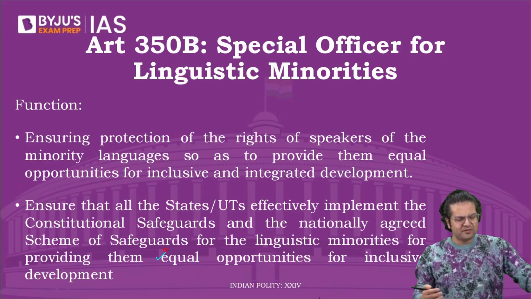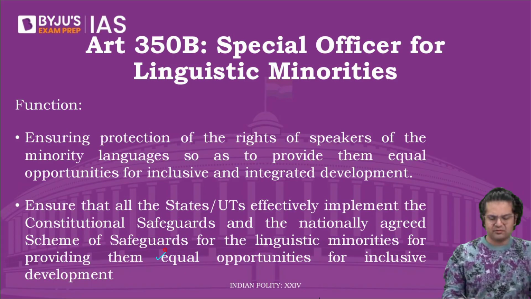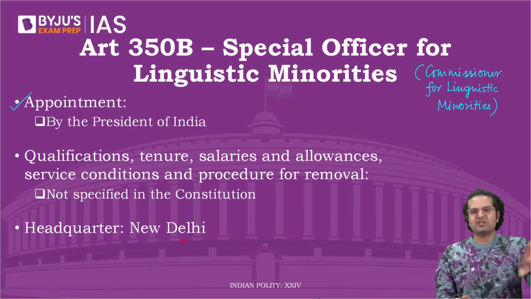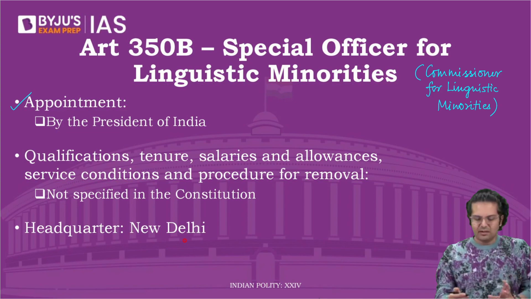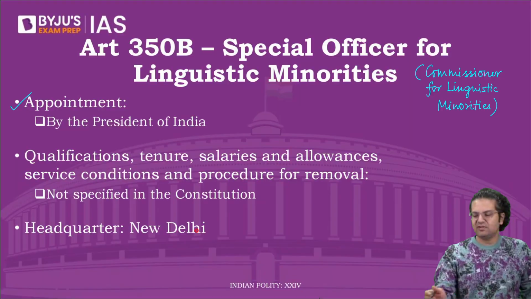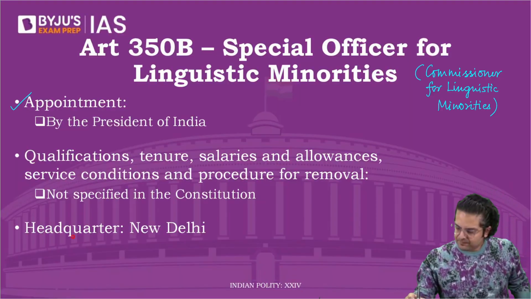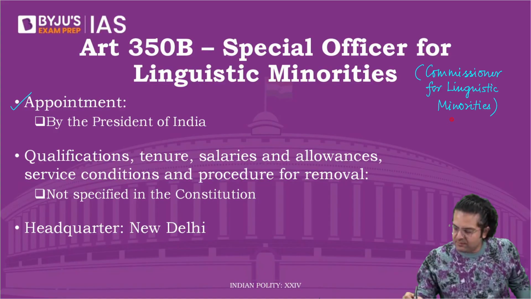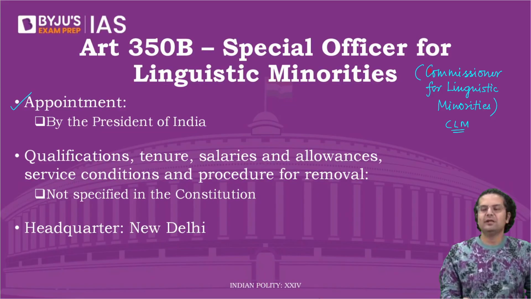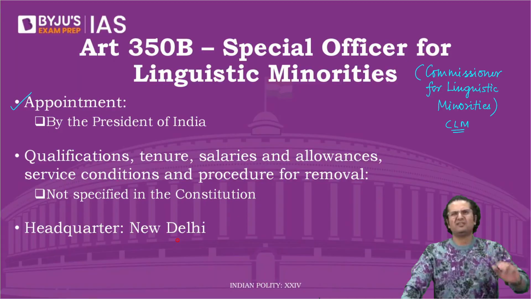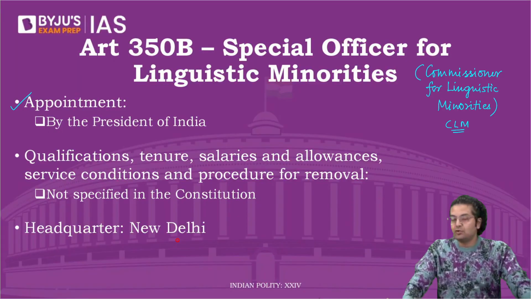Who appoints this person? The president appoints the person. Qualification, salary, tenure, nothing is mentioned in the Constitution, right? It's all decided by the government. And the headquarter of the CLM, that is the Commissioner for Linguistic Minorities, is in New Delhi. It used to be in Allahabad earlier. It was shifted around 7-8 years back to Delhi.